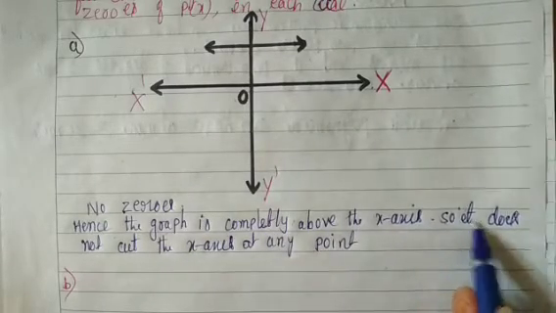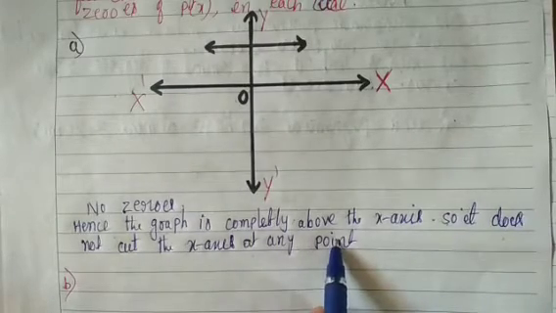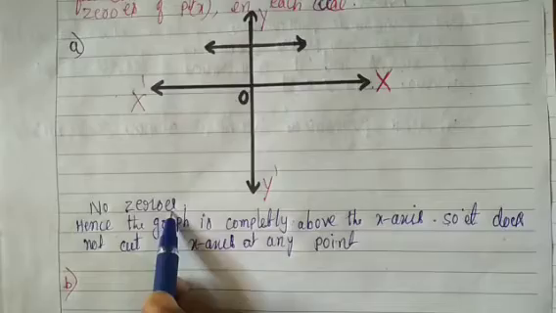So it does not cut the x-axis at any point, because the number of zeros is none. Hence, the graph is completely above the x-axis, so it does not cut the x-axis at any point because there are no zeros.